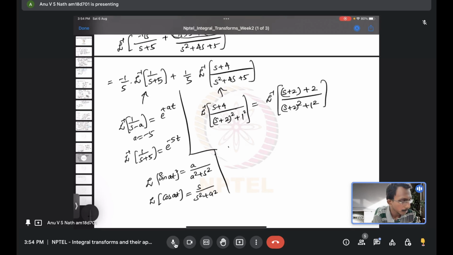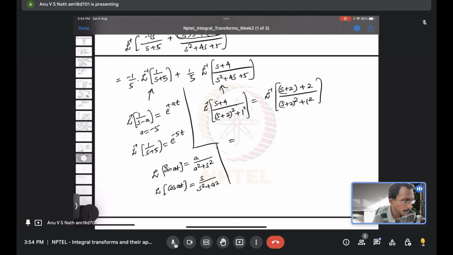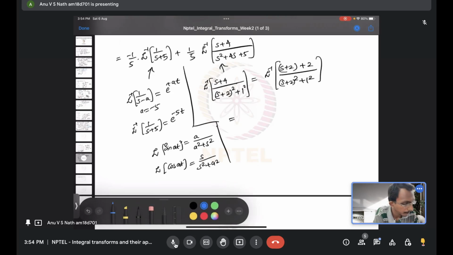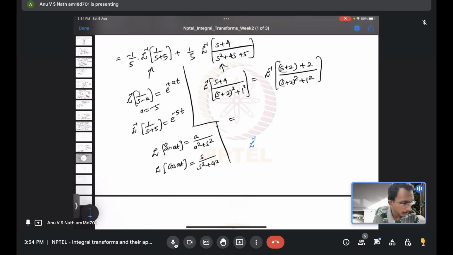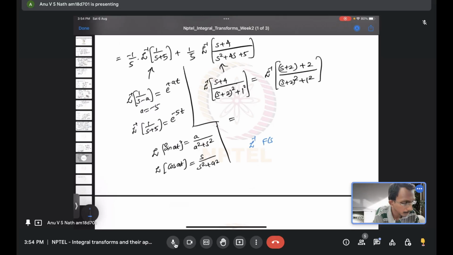Now because the function is in terms of s plus 2, we have to use the first shifting theorem. According to that, Laplace inverse of f of s minus a is equal to e raised to at times Laplace inverse of f of s. Is this correct?